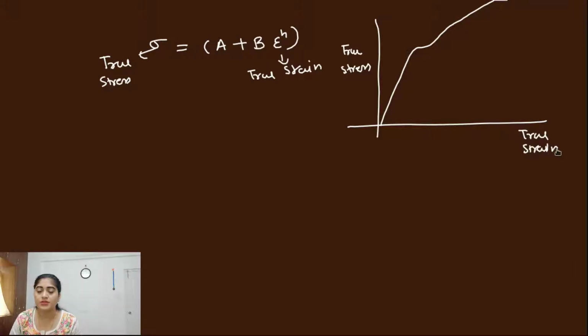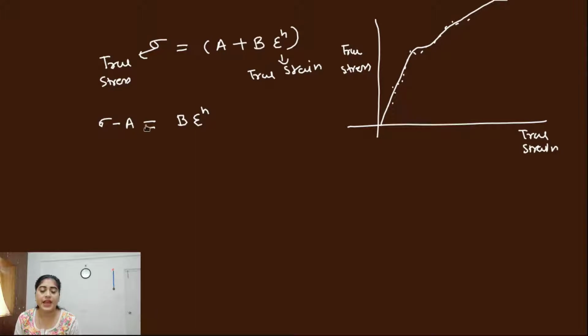Okay, so how can you find these parameters by using this type of graph? Some data points are there like this, and you find this graph by using the UTM machine. So now you can do sigma minus A, transferring this A here, equals B times epsilon to the power n.